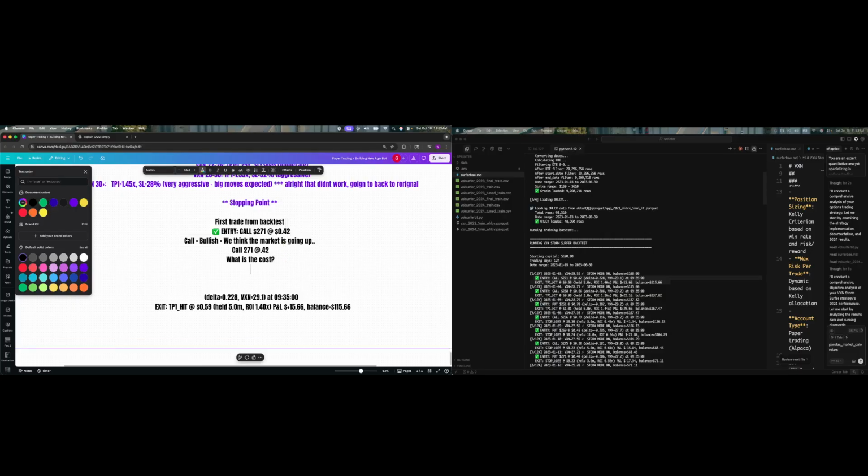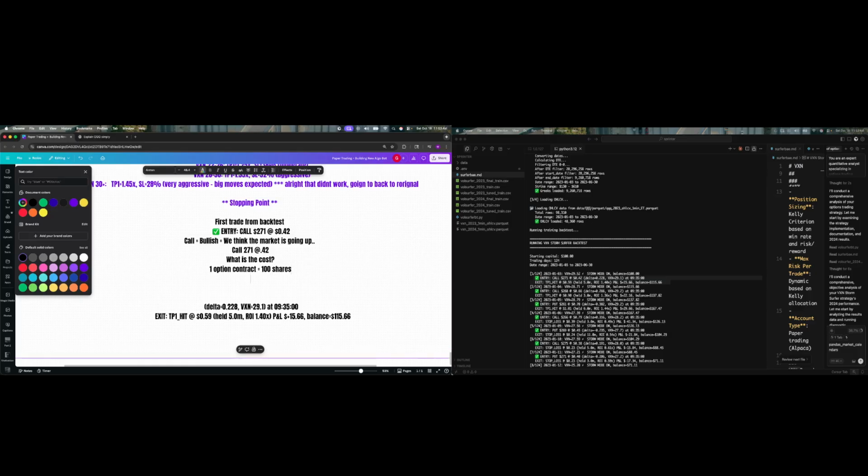Remember, one option contract equals 100 shares. I'm going to make this redundant as heck so we can really get this. One option contract equals 100 shares, right? So it'll be 100 times 0.42, which equals $42.